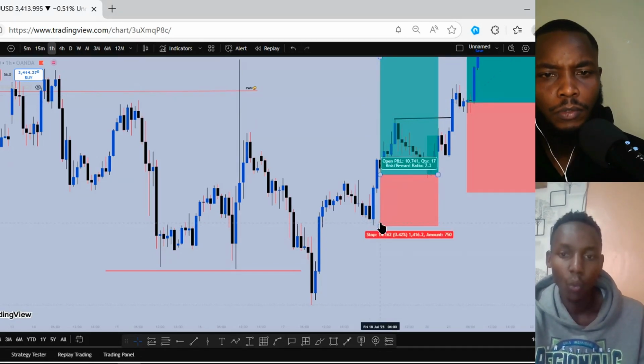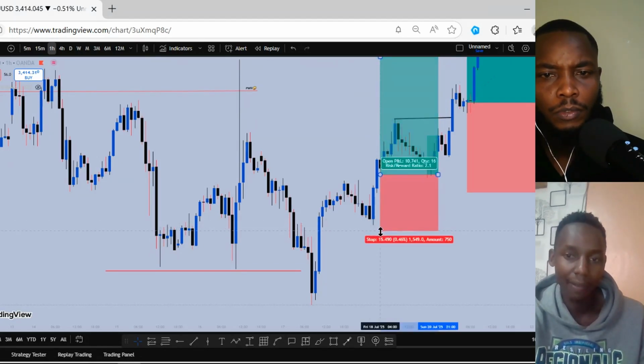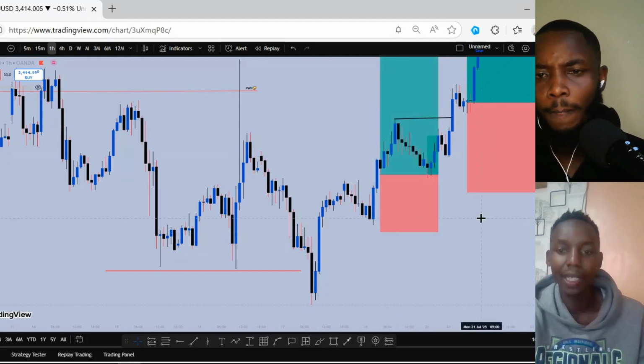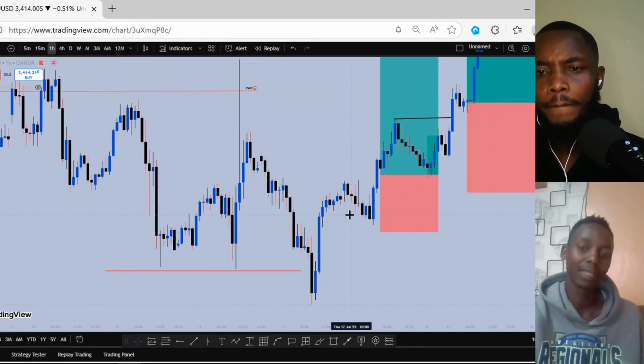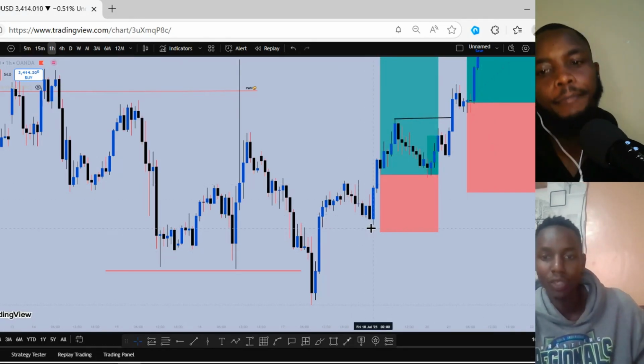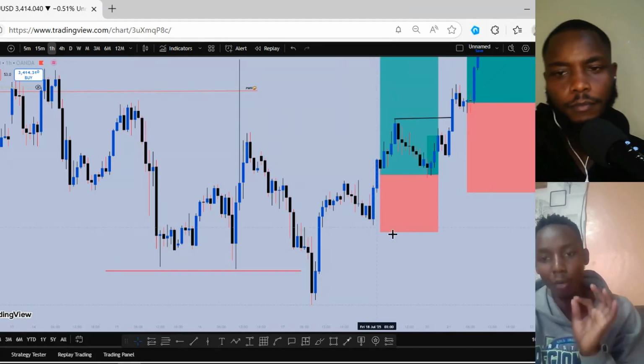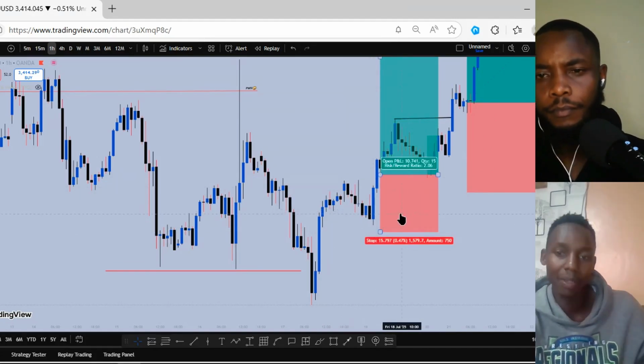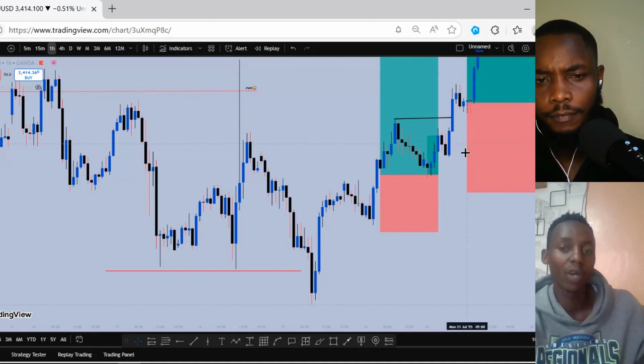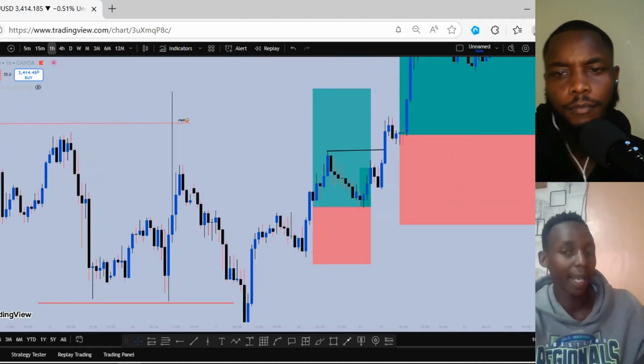So with journaling, I learned that I shouldn't really be having my stop loss right at the low, but give it a buffer. If the market rallies, sweeps the low, and then we continue higher, I am very safe.